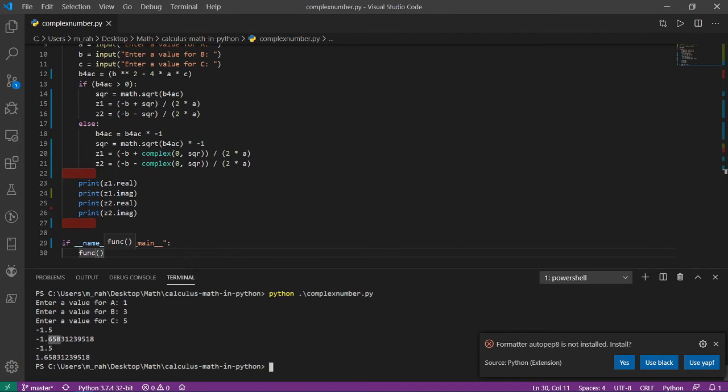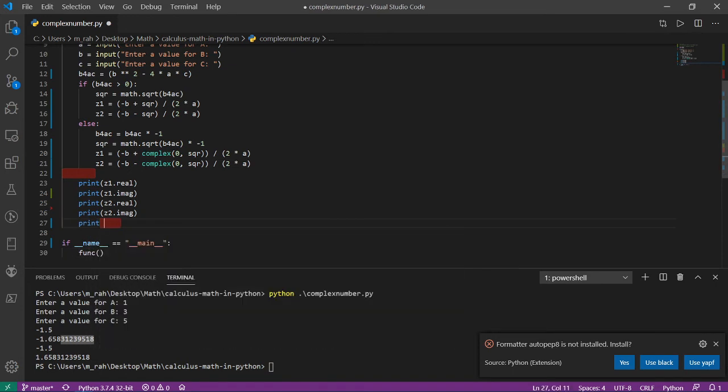We can actually print out just 3 digits after the decimal point. We don't need so many float digits.